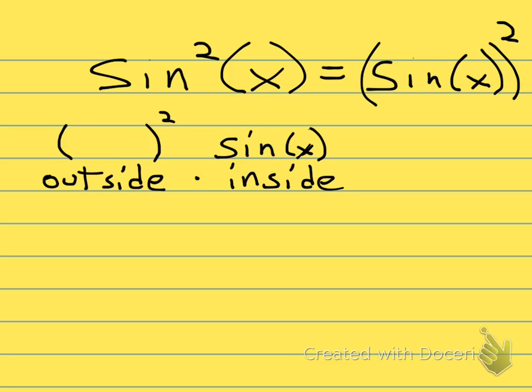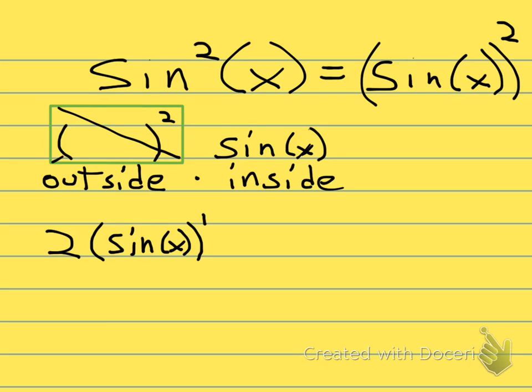Okay, so that is this right here. So the derivative of that, just like it's written, is using the power rule. So the power rule is going to be 2 times that to the first power. And what goes on the inside is everything to the right, sine of x.